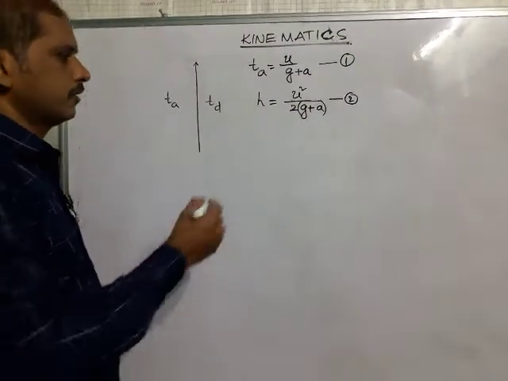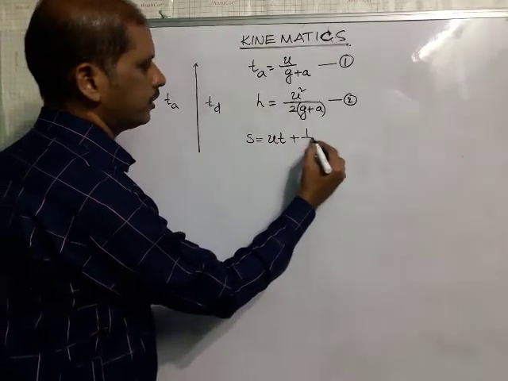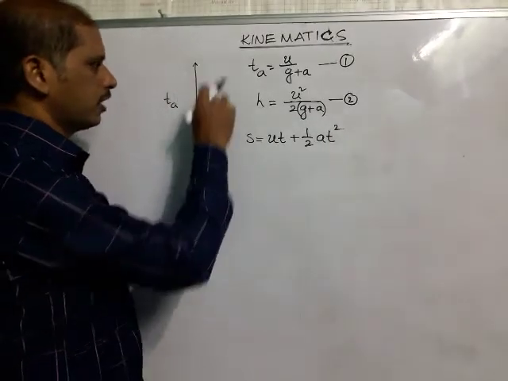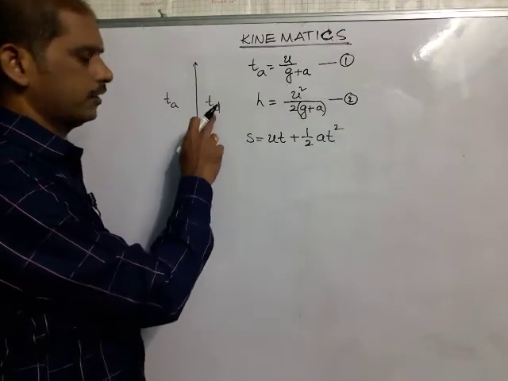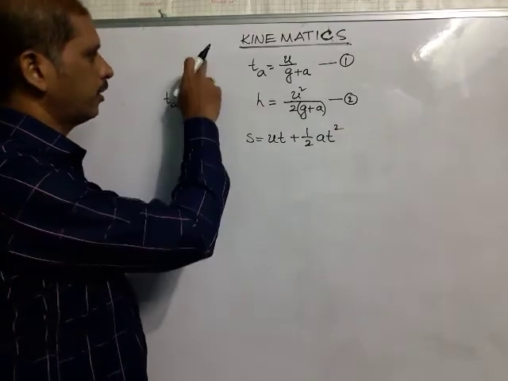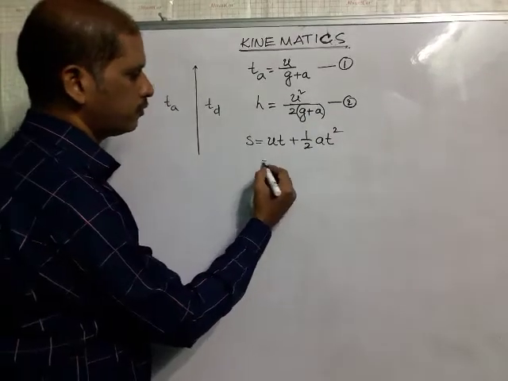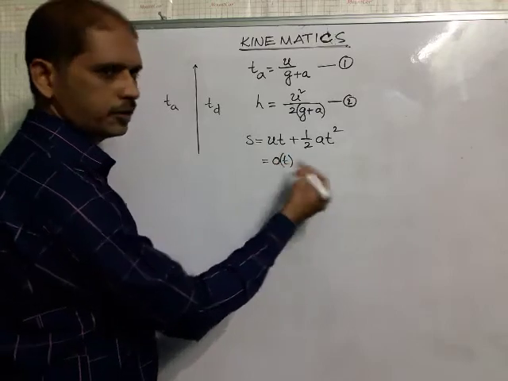And the third equation: s is equal to ut plus half at square. Here the body is coming down, and we are going to calculate the time of descent. When the body is coming down, u is 0, so u into t is nothing but 0.